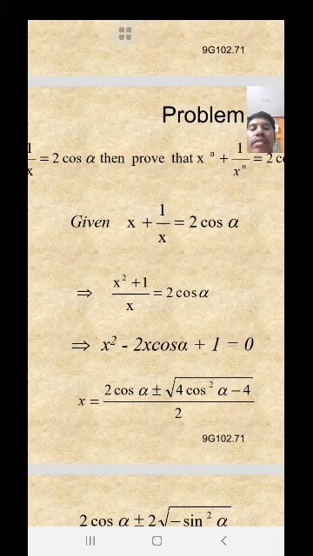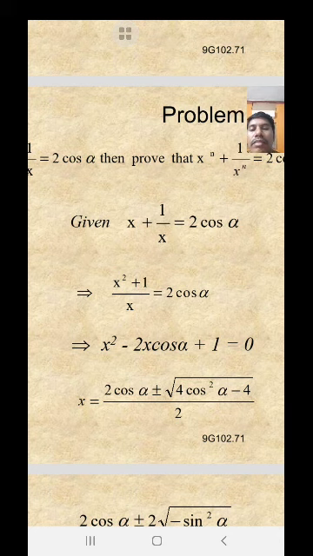Then the denominator x, if we send it to the right side, is multiplied with 2 cos alpha. If that 2x cos alpha is brought to the left side, it becomes negative, and the right side is 0. So the next step is x square minus 2x cos alpha plus 1 equals 0.